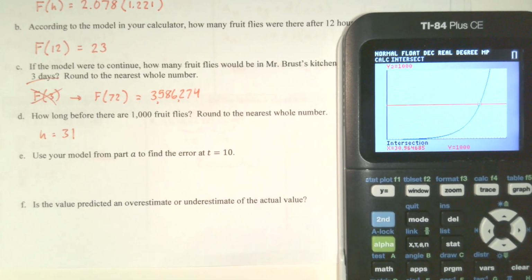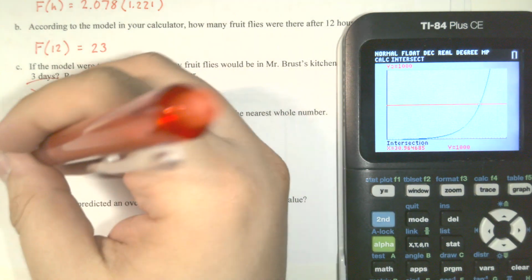Now this part we didn't explicitly cover in our material, but it's not that hard to do. Use your model from part A to find the error at t equals 10.